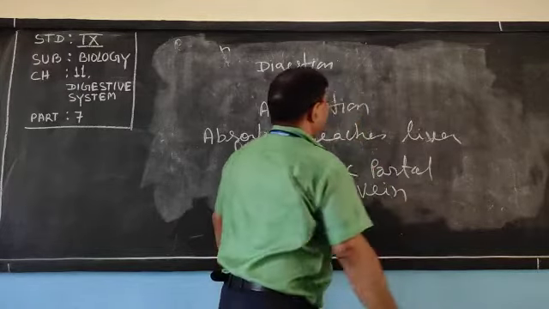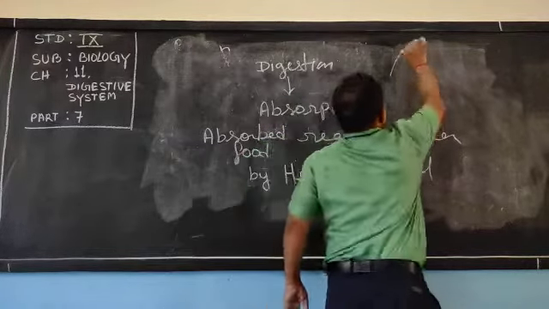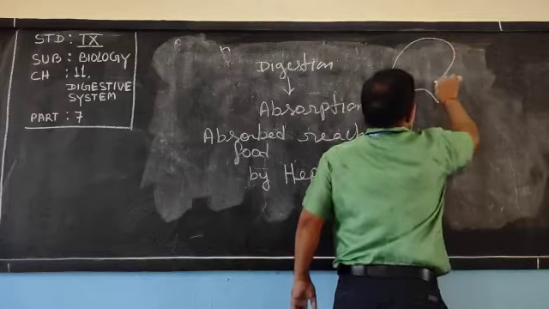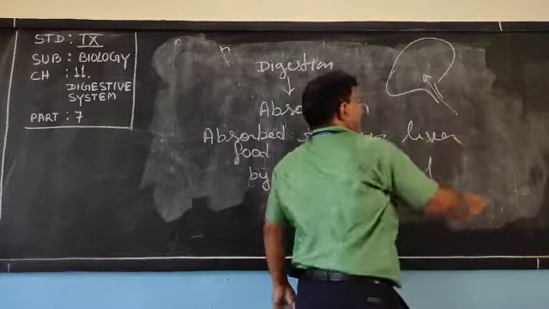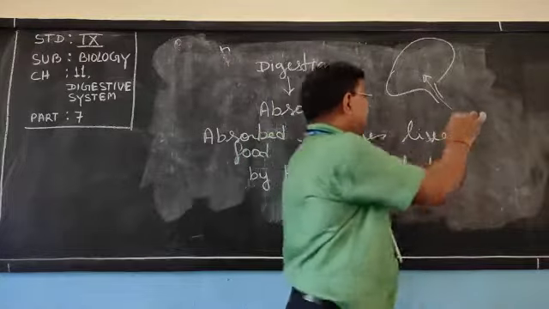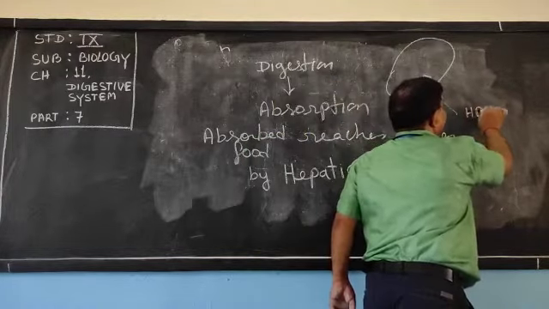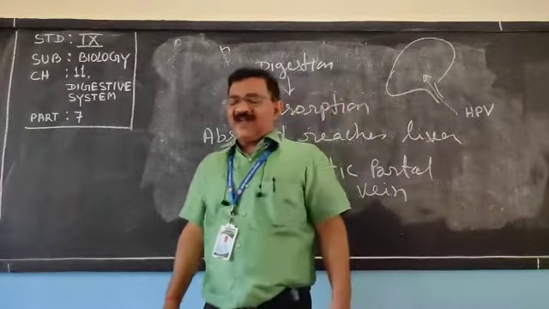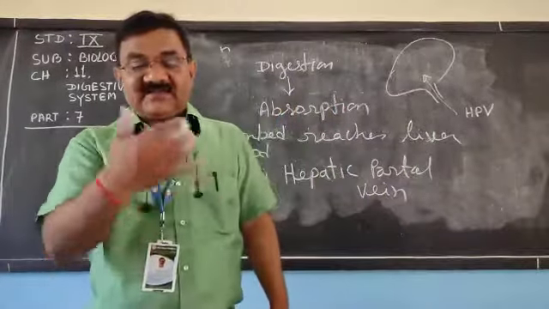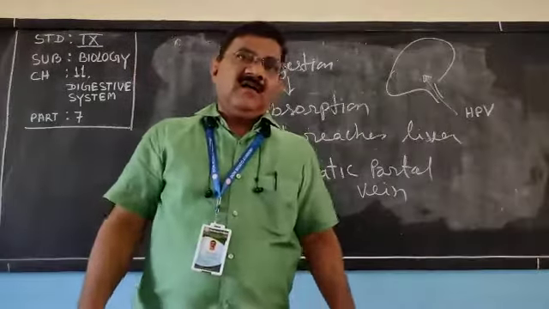Try to understand. This is the liver, the largest gland of our body, and digested food is sent by the help of the hepatic portal vein, HPV. By the help of the hepatic portal vein, these things reach the liver.